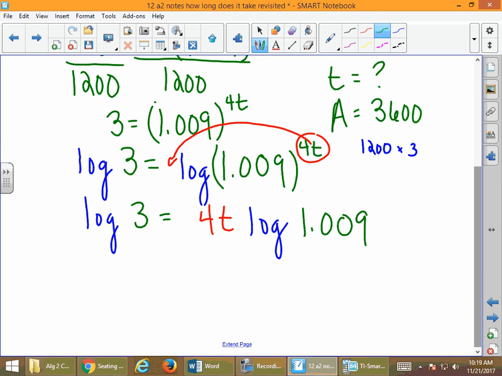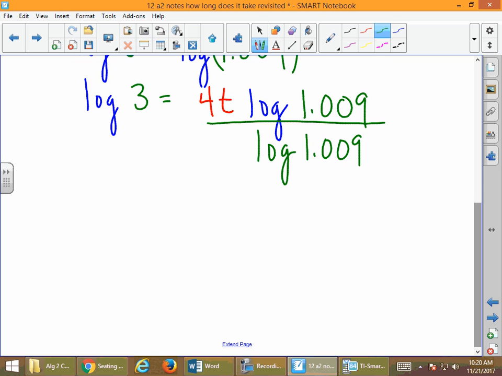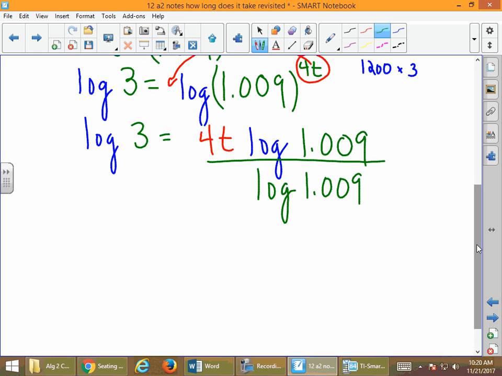And you can put the parentheses in 1.009, you don't have to. But this is 4t times that logarithm. So our opposite operation is going to be to divide by log of 1.009. If we divide the right side by log of 1.009, we're going to divide the left side by log of 1.009.